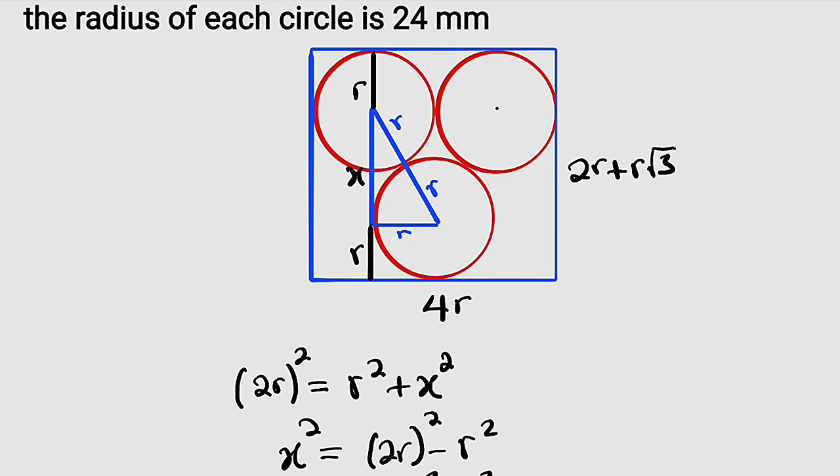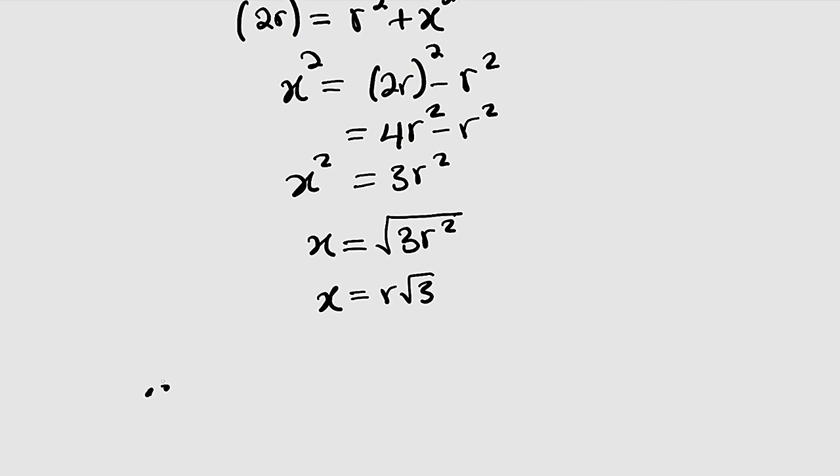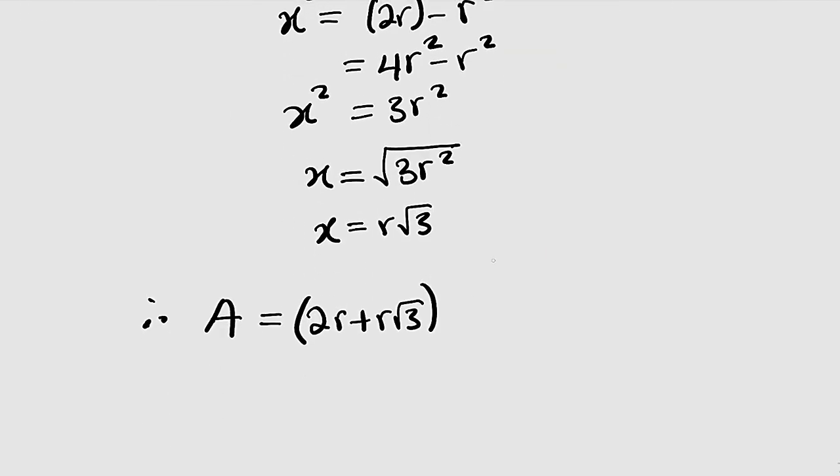So to find the area, we have to take this and multiply by this. So therefore, the area A is equal to 2r plus r root 3, right? Which is this side. Then multiplied by this side, which is 4r.